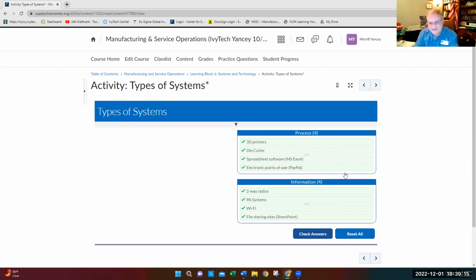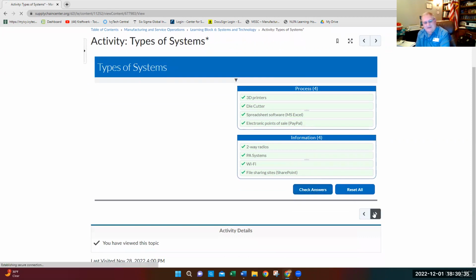There's a spreadsheet behind this exercise here. Electronic points of sale, and it's given PayPal as an example there. But information comes from two-way radios, PA systems, Wi-Fi, and file sharing sites like these cloud resources. So there was our exercise.